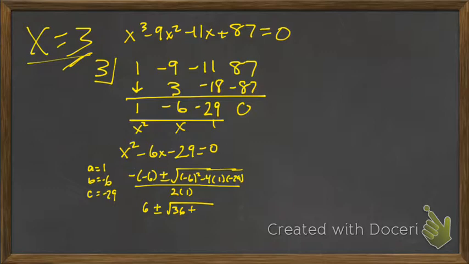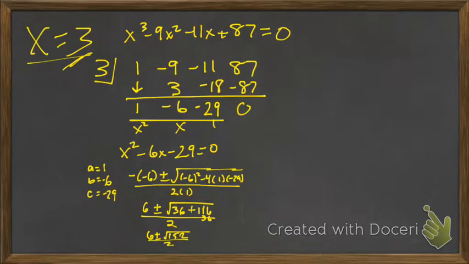So instead of 120, it's going to be 116 if you multiply those. That's all over 2, so I end up with 6 plus or minus the square root of 36 plus 116. What is that going to be? That's going to be 152, over 2.